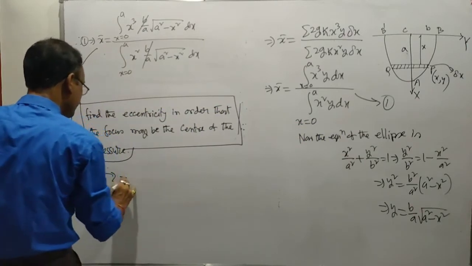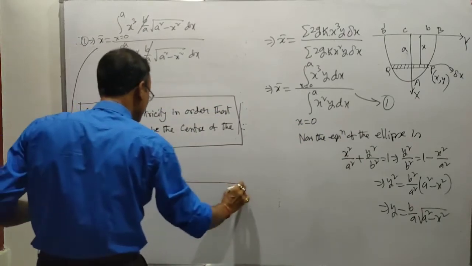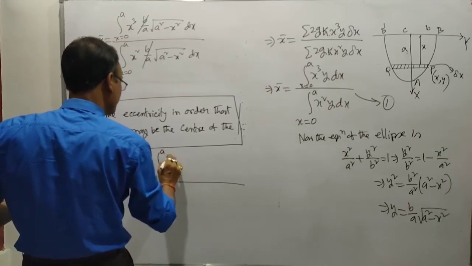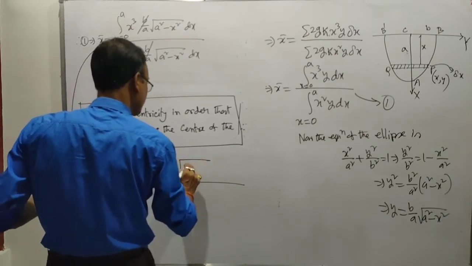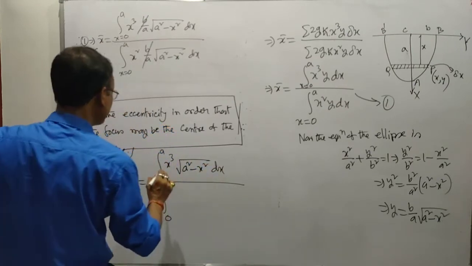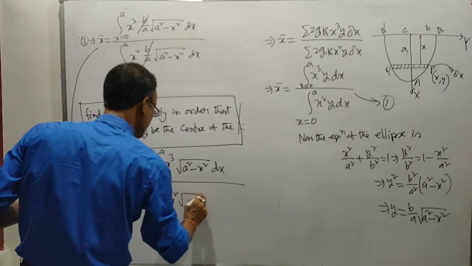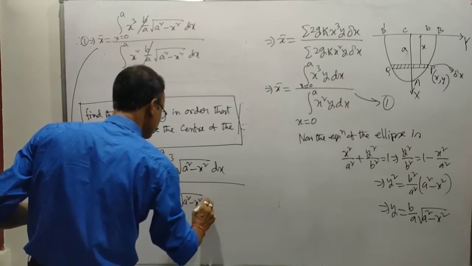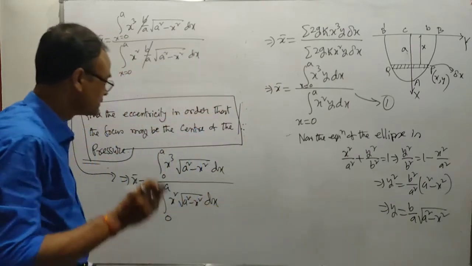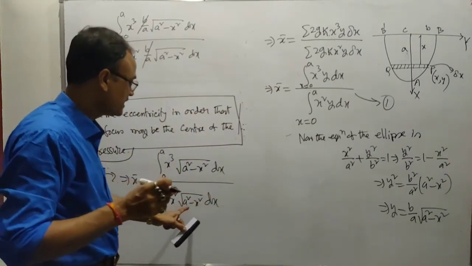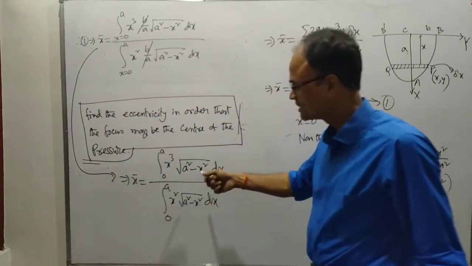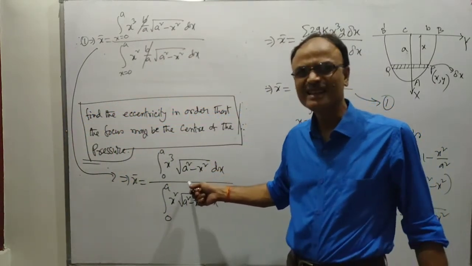This means x bar equals the integration from 0 to a of x cube root over a square minus x square dx divided by the integration from 0 to a of x square root over a square minus x square dx. You will have to integrate this. Very easy integration.